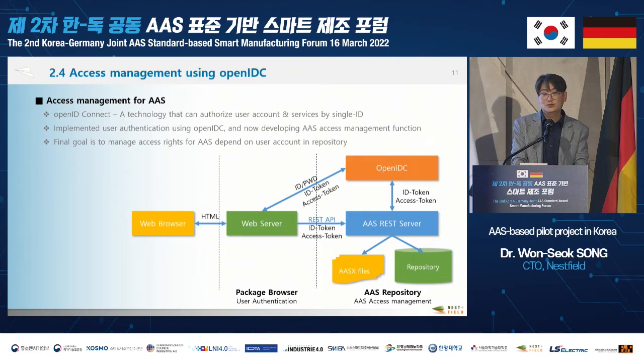As you can see here in the picture, when you want to have AAS access via a web server, your ID and password credential needs to be verified, and there will be an authorization token. Based on the authorization token, you can get the information from the AAS, and your role-based access can be managed.